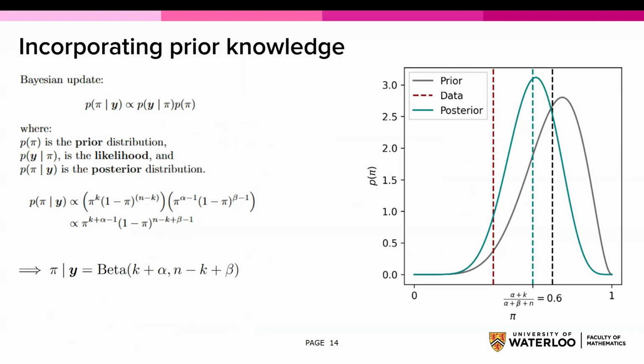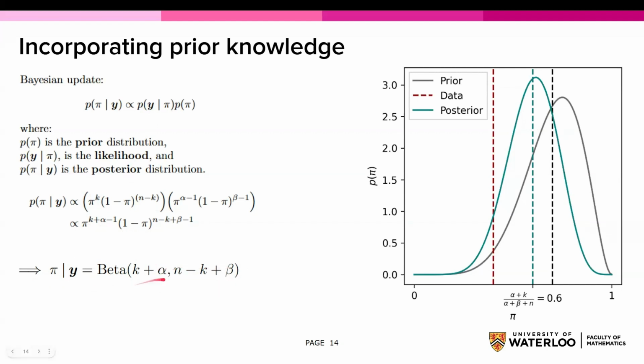The equation at the bottom here shows how we can interpret the posterior distribution that we obtained as a beta distribution with new shape parameters that are determined by adding the counts of windy days as well as the total number of days to the shape parameters of the prior.